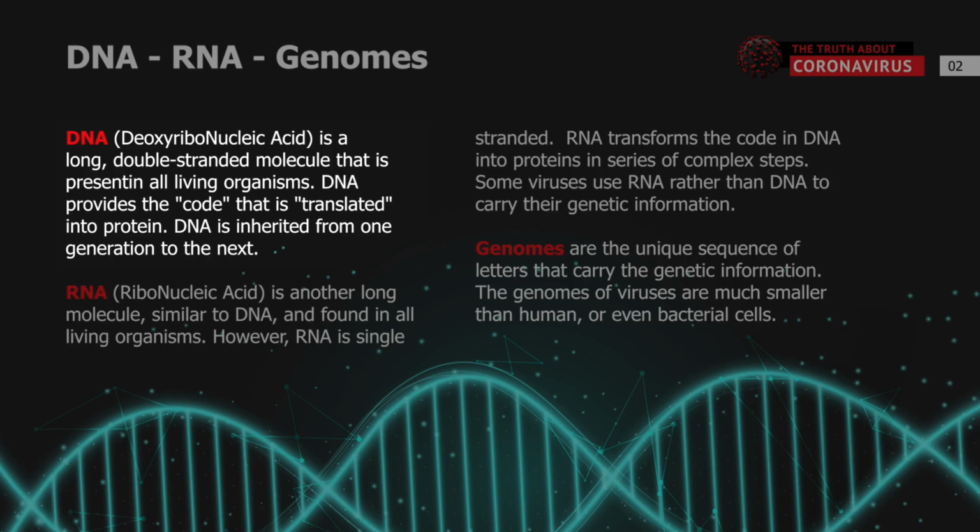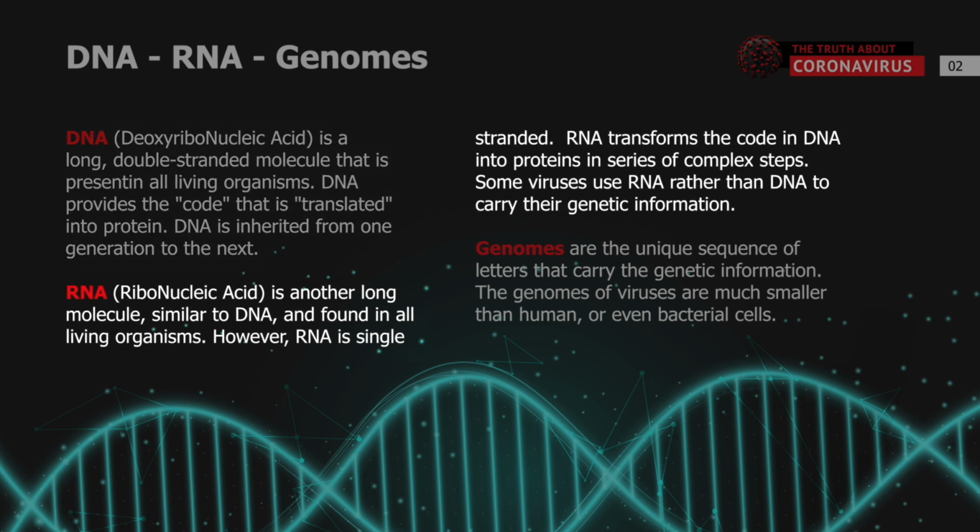DNA is a self-replicating material which is present in nearly all living organisms as the main constituent of chromosomes. It is the carrier of genetic information. RNA, on the other side, is a nucleic acid present in all living cells.